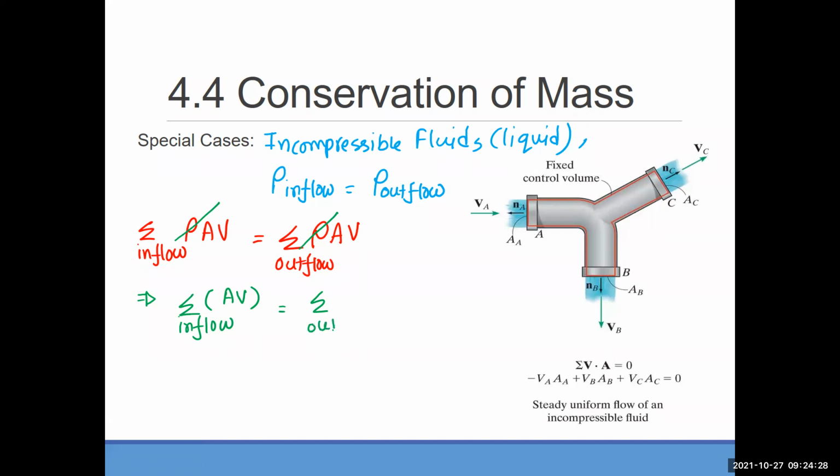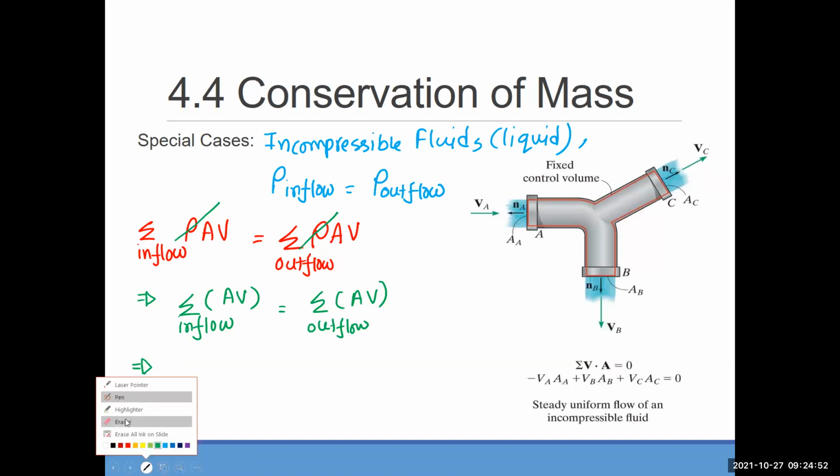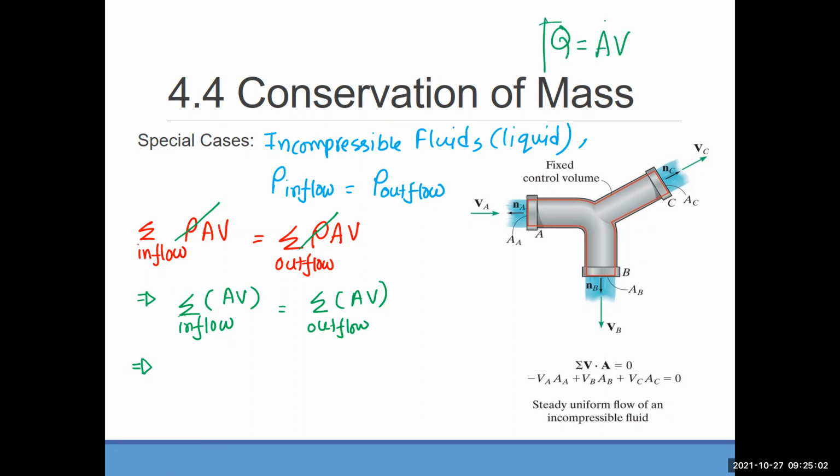Is there any other name for AV? M dot was the mass, like rho AV. So you are dropping the rho. The AV equals what? There is another type of flow rate we learned. What is that? Q equals AV, right? The volumetric flow rate.